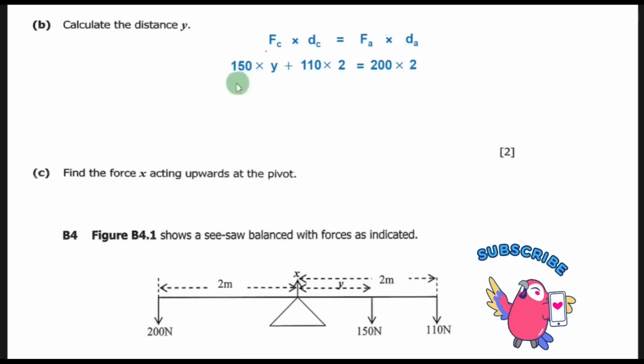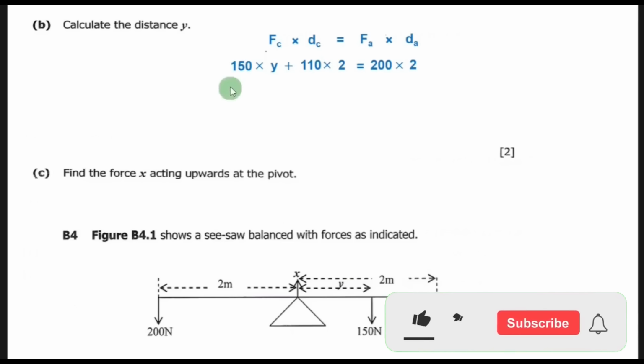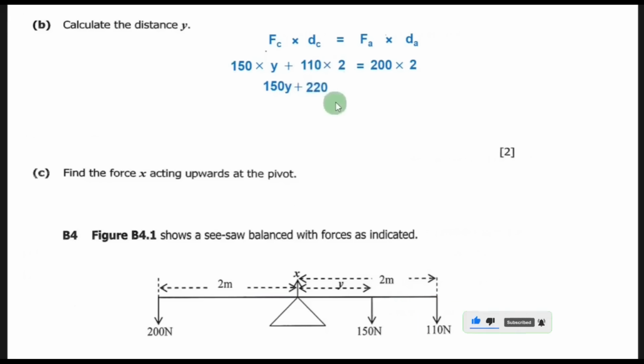Now the simplification. This is now an algebraic problem. So say 150 times y, 150y, then plus 110 times 2, which is 220, equals 200 times 2, which will be 400. Then we'll make 150y the subject of the formula, so numbers should be on the right side of the equal sign.